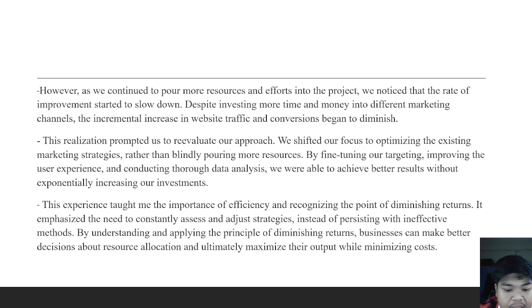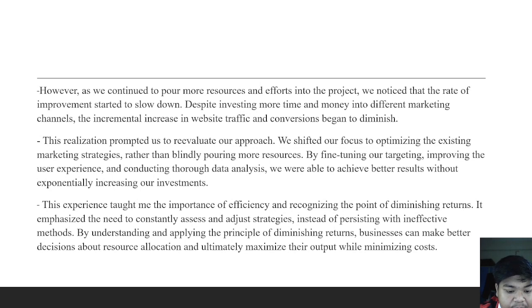Despite investing more time and money into different marketing channels, the incremental increase in website traffic and conversion began to diminish. It became clear that we had reached a point where the returns were diminishing and further investment would not yield a proportional result.